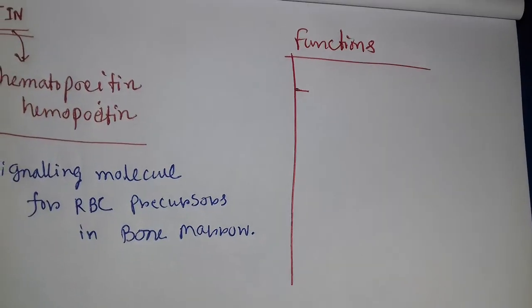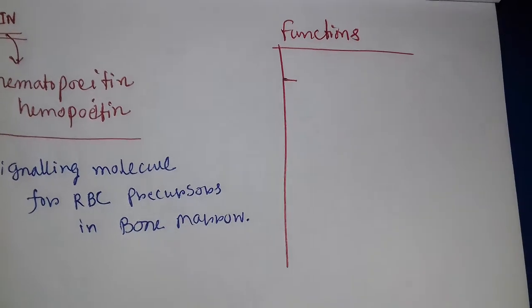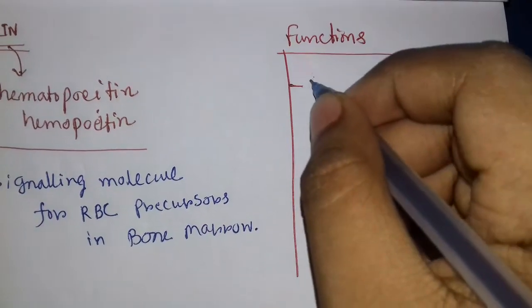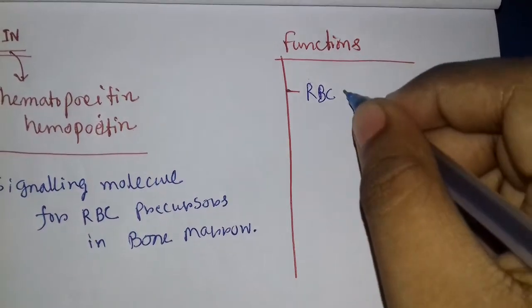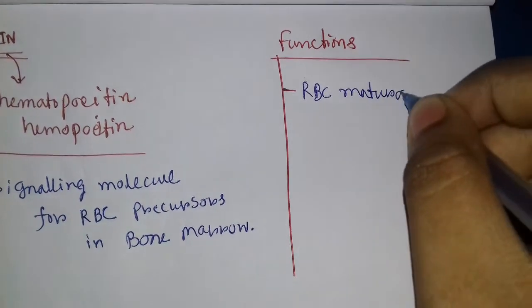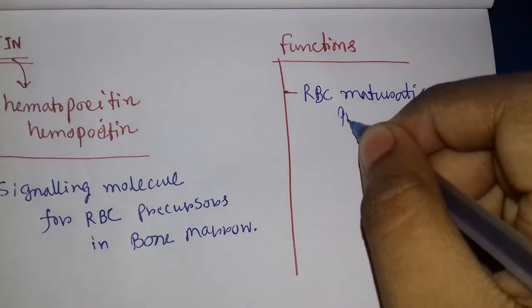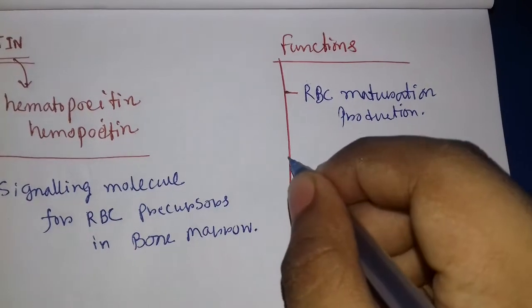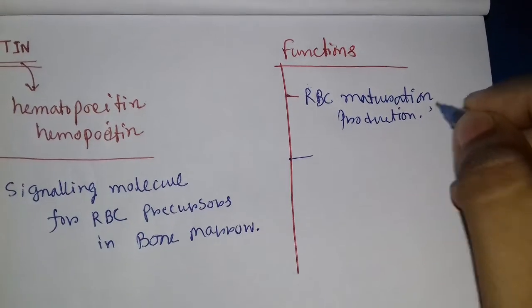Now let us discuss the basic functions of erythropoietin. The main function of erythropoietin is RBC maturation and production from its precursors.